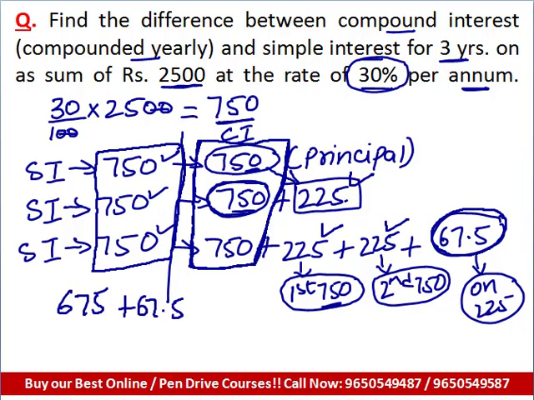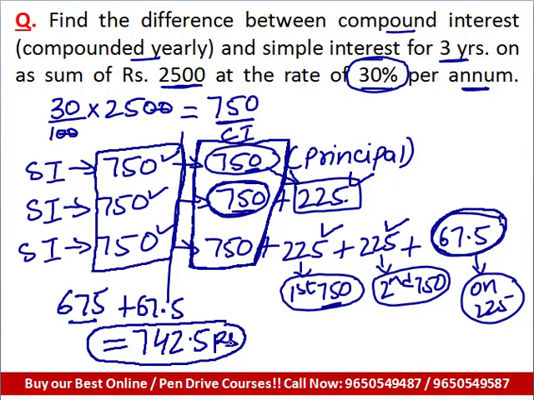When you add these two, 675 plus 67.5, you get 742.5 rupees. So this 742.5 rupees is the difference between compound interest and simple interest for 3 years.